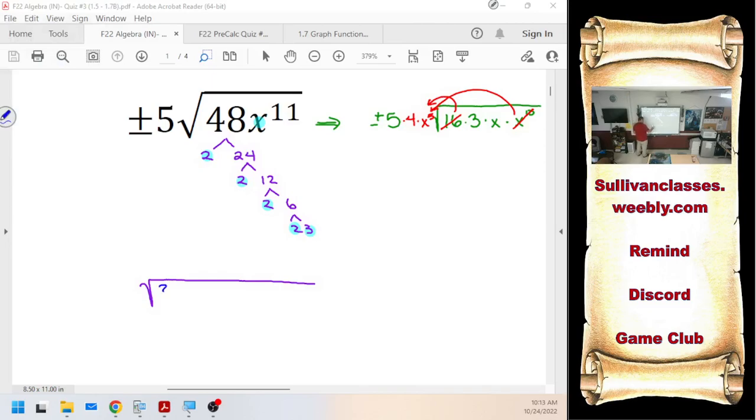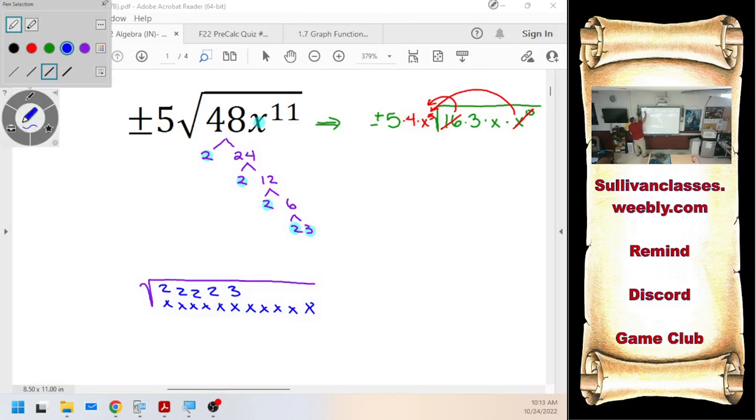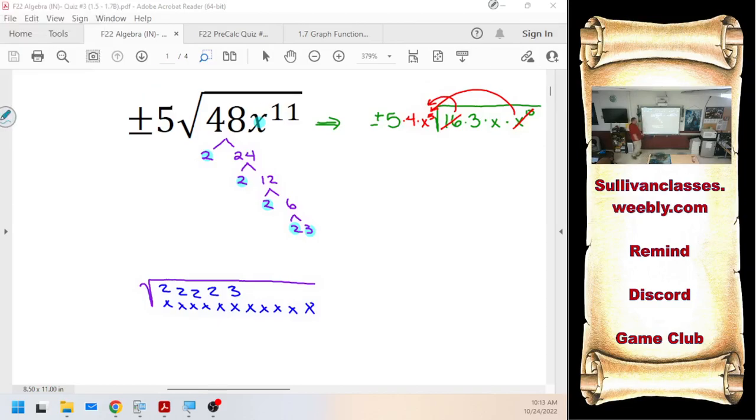You say there's a 2, a 2, a 2, a 2, a 3, and 1, 2, 3, 4, 5, 6, 7, 8, 9, 10, 11 x's. And then what? If I break it all up, like Tony Stark doing his little 3D map thing. Oh, did I miscount? 1, 2, 3, 4, 5, 6, 7, 8, 9, 10, 11. Yeah, it's 11.